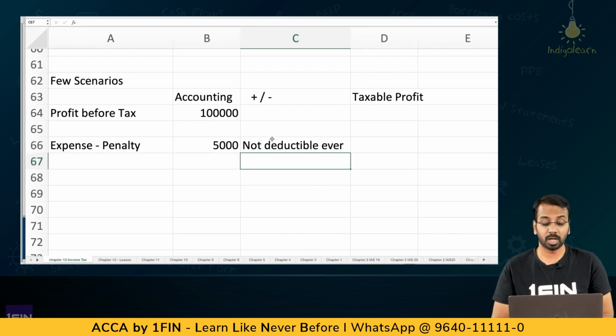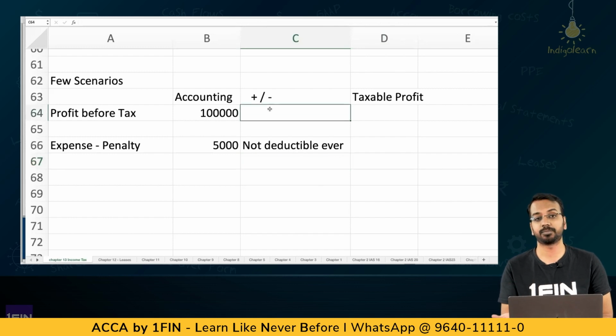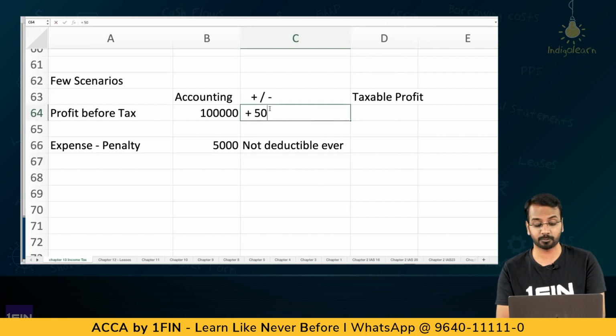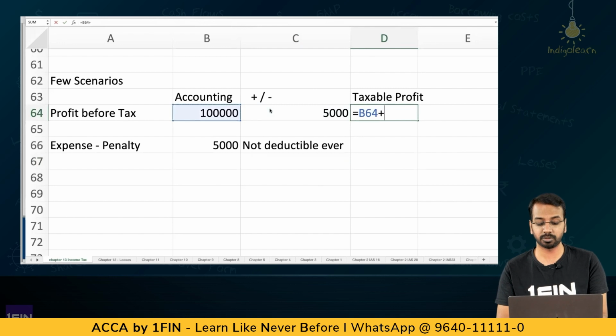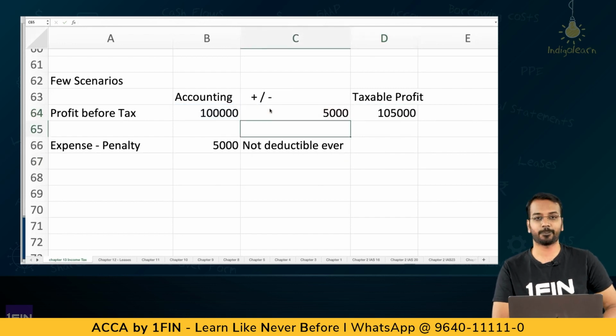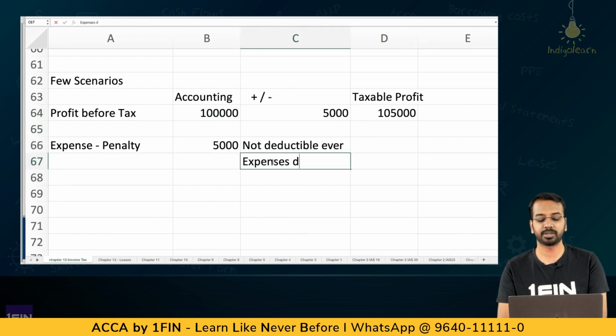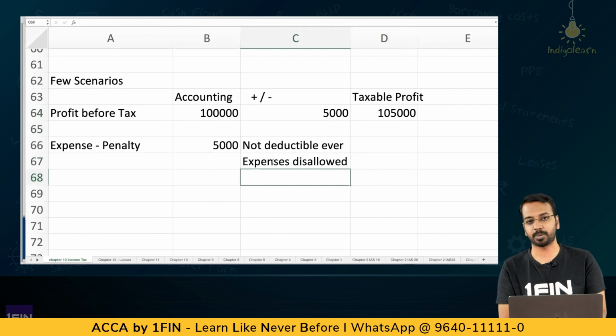So now what I have to do? I have to add back the 5,000. Why? Because tax laws state that you cannot deduct this 5,000. So if I cannot deduct the 5,000, I have to add back 5,000. So what will be my taxable profit? That will be 100,000 plus 5,000, 105,000. This is something we call expenses disallowed or not deductible for tax purposes.